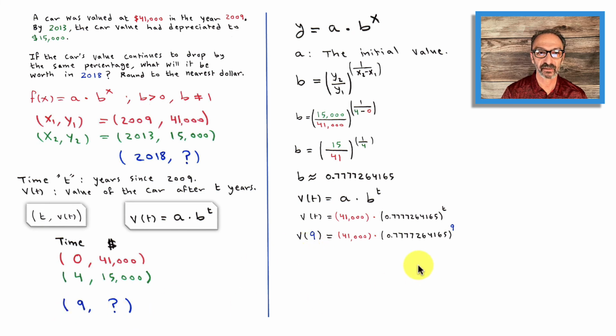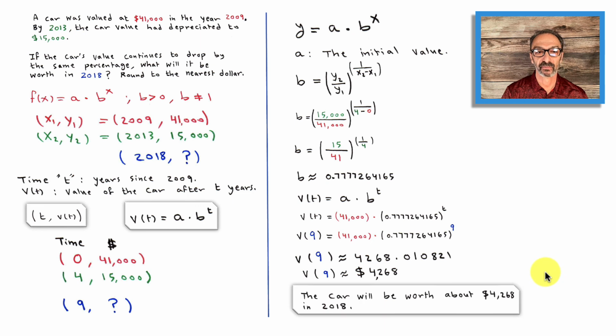Use a calculator to evaluate this, and you get this much. They want us to round to the nearest dollar, so I'm going to eliminate this part right here and write it without the decimals. So the car will be worth about $4,268 in 2018, and that should do it.